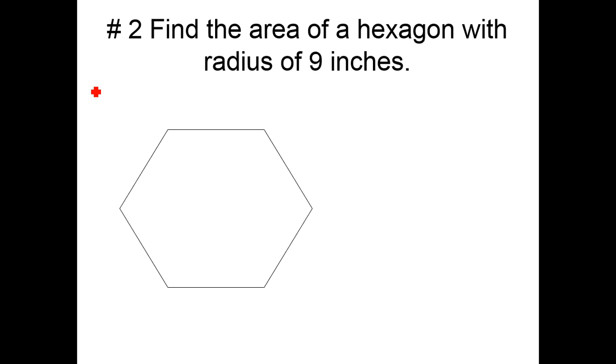First and foremost, let's find out how many degrees are in a hexagon. If we take 6, because a hexagon has 6 sides, and they're all the same, times 180, I would get 720 degrees inside this whole thing.